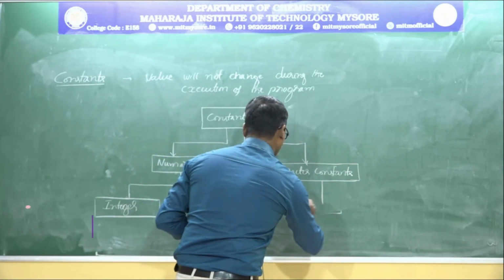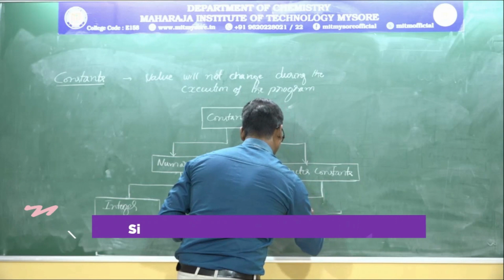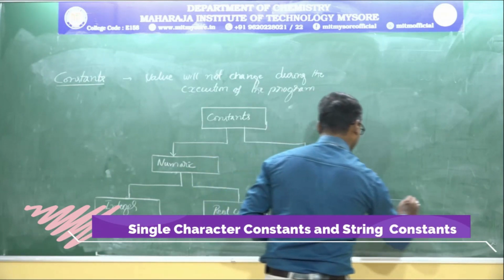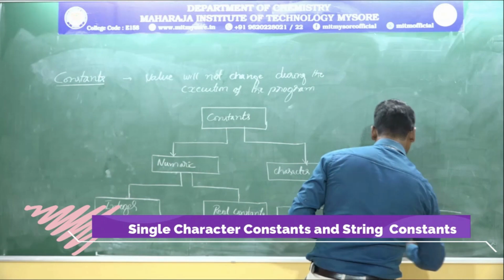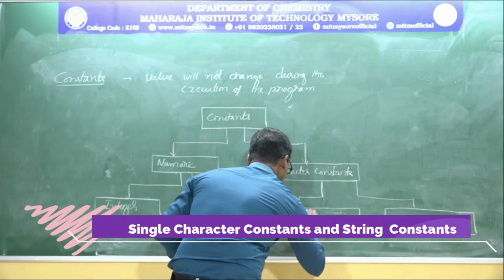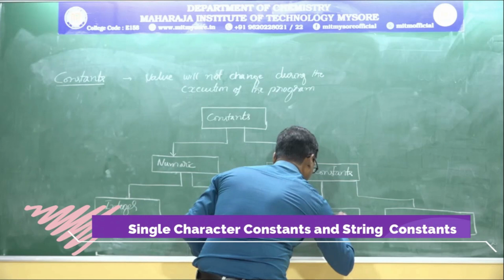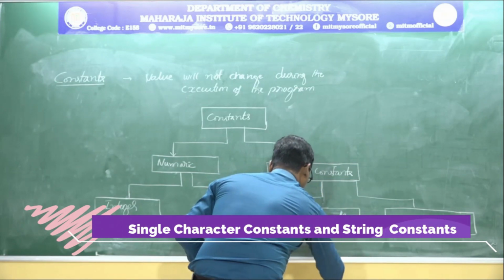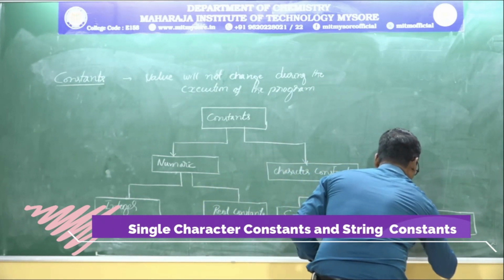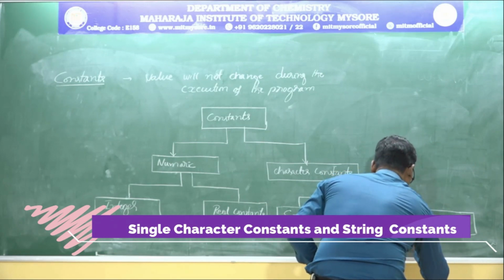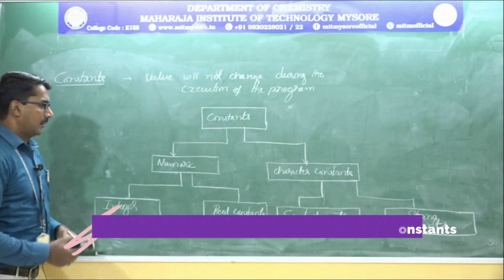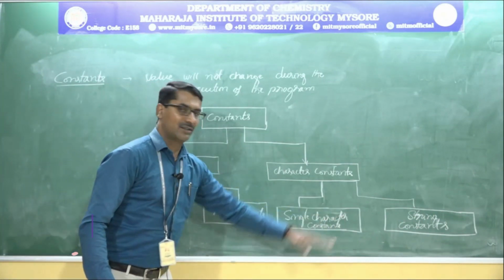The character constants are divided into two subcategories: single character constant and string constant.